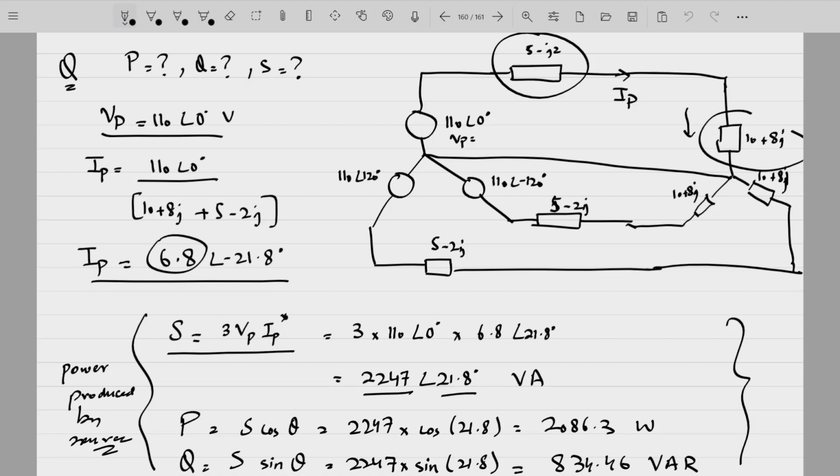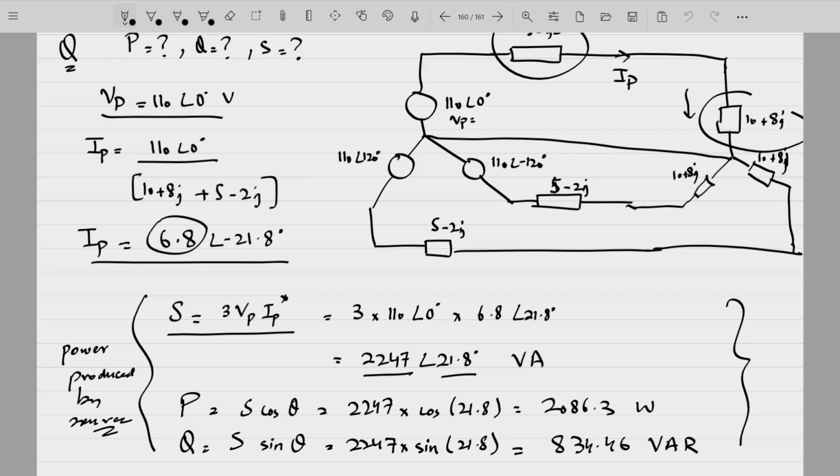It's easy to solve. If they were in delta, you could not have simply added the two impedances. There you would first have to do the delta to star conversion, and then take the impedances in series.